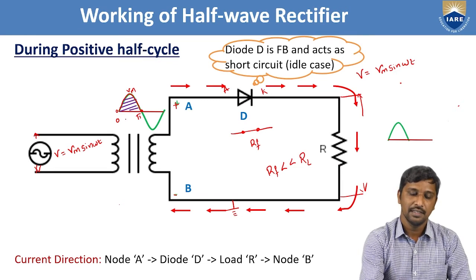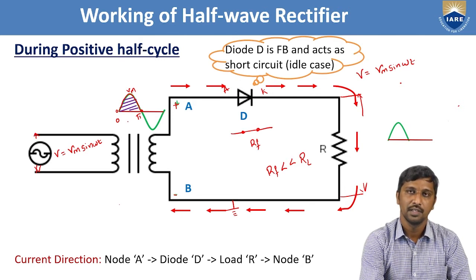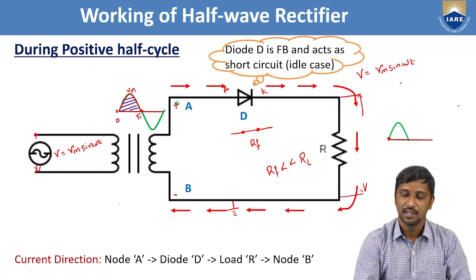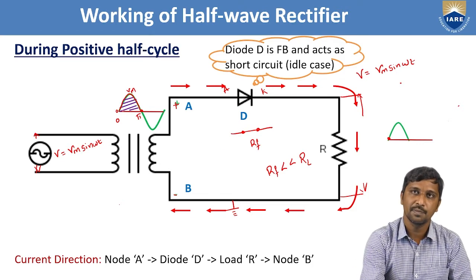So here the given input signal linearly changes from 0 to Vm and Vm to 0 in the duration of 0 to pi. Hence, the output is also linear, since R is linear.